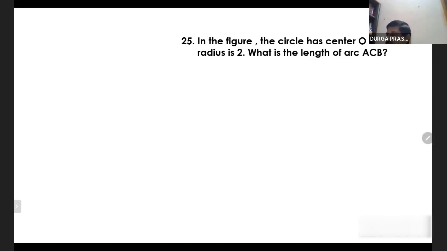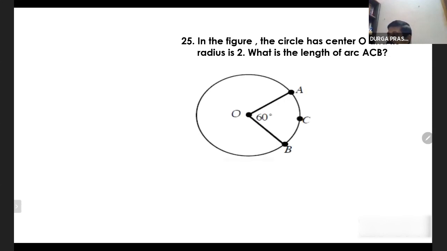In the figure, the circle has center O and its radius is 2. What is the length of arc ACB? The arc length L is r theta. Theta is 60 by 180, that is pi by 3.